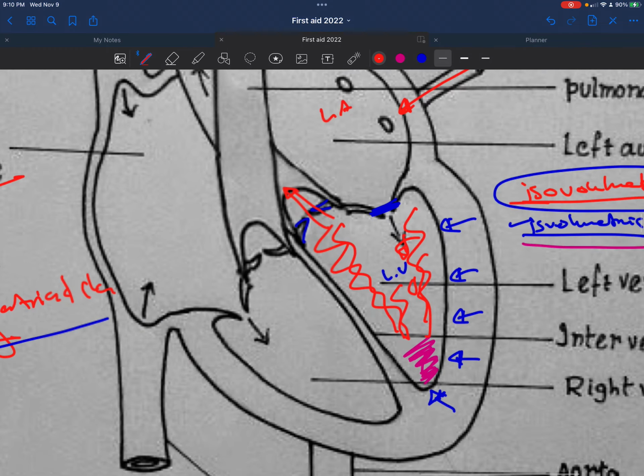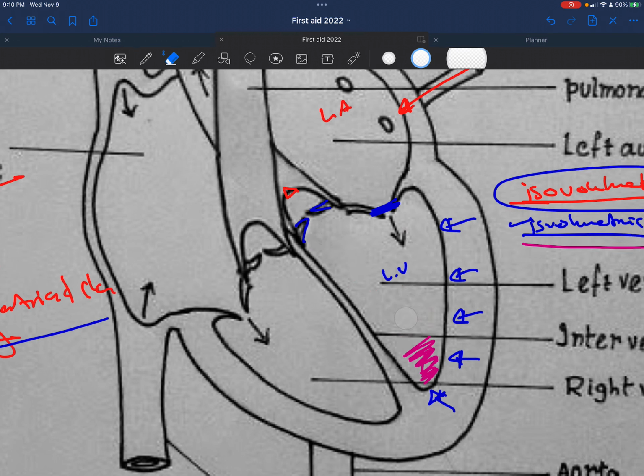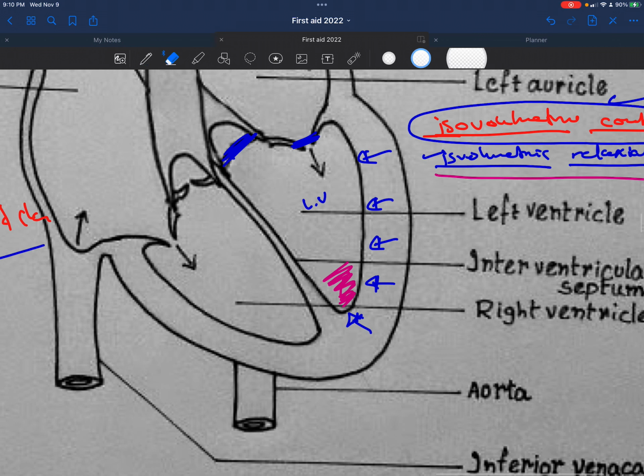Now the heart has emptied most of its content, except for this amount of blood that does not leave the heart, and now the aortic valve closes. Because the aortic valve closes, the contraction goes into relaxation, and the heart muscle starts to relax, but without any actual change in the volume.